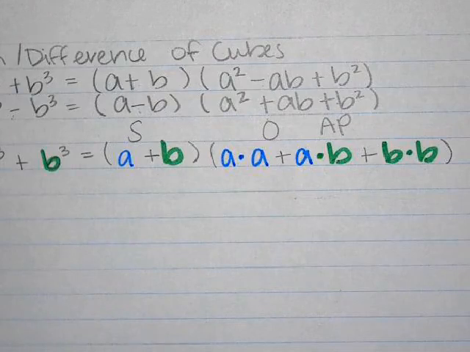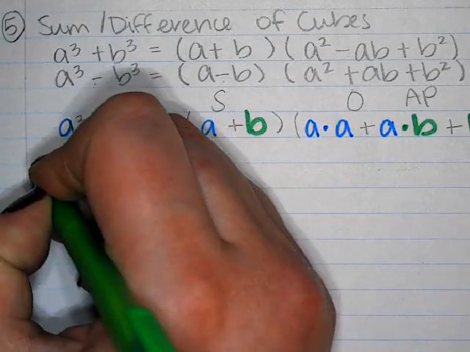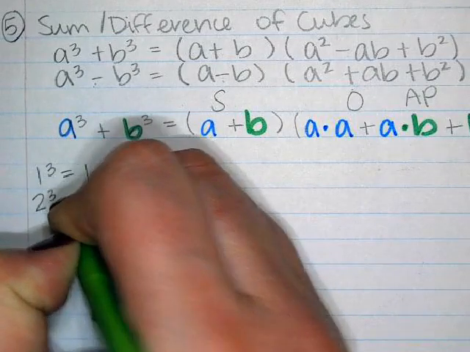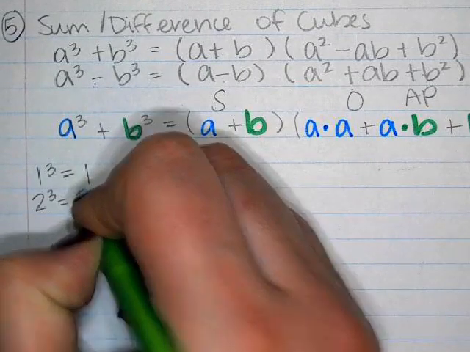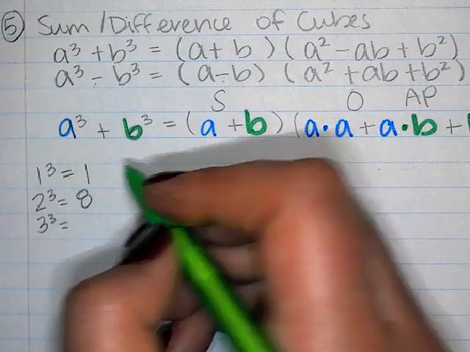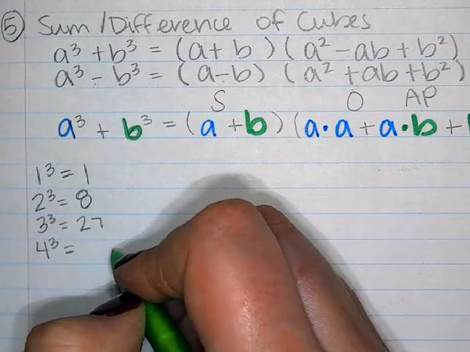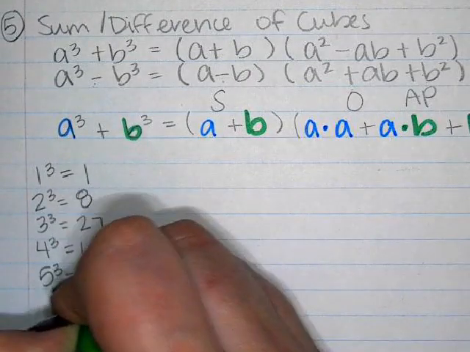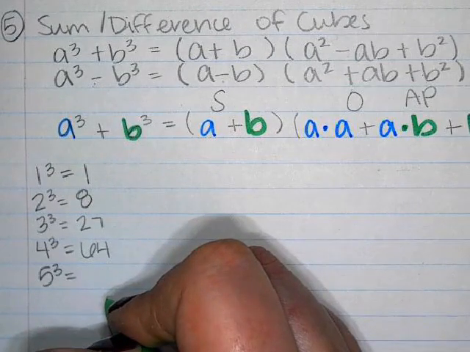So 1 cubed is 1. 2 to the third power, anyone know? 2 times 2 times 2 is 8. 3 to the third, 3 times 3 times 3? 27. 4 to the third, 4 times 4 times 4? 64. 5 to the third, 5 times 5 times 5? 125. 6 to the third, 6 times 6 times 6?